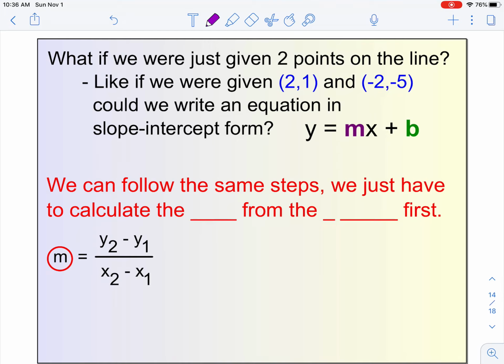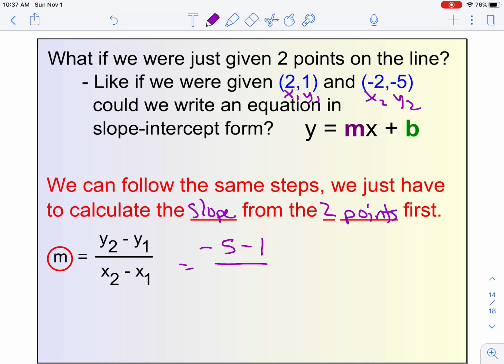So we can follow the same steps we just have done to calculate the slope from the 2 points that we got first. Okay, then we just follow the same steps we already used. So in this particular example, if I'm calculating the slope, again, I'm going to label these so I make fewer mistakes, and now I'm going to plug them in.